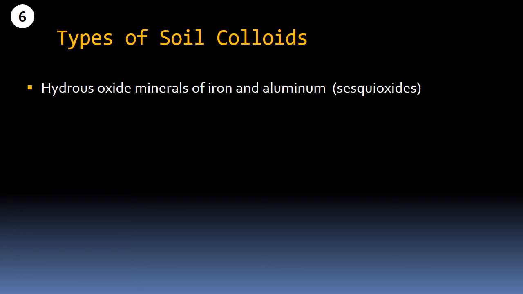Alright, now we've reached the part on other types of soil colloids. As we said, we have crystalline silicate colloids, but we have other types of colloids, like aluminum and iron hydroxide.